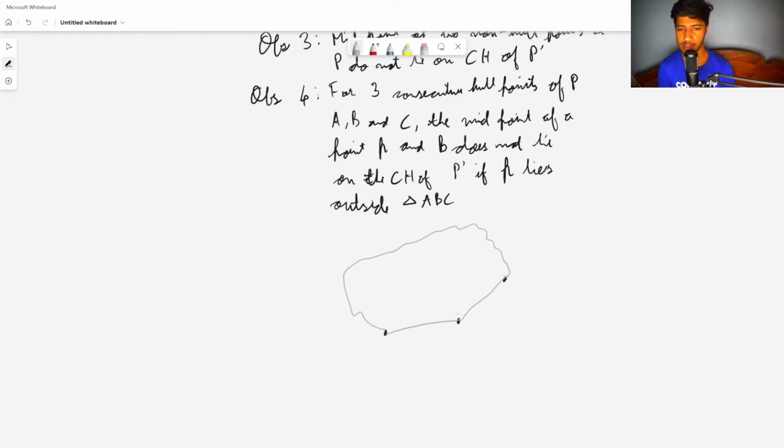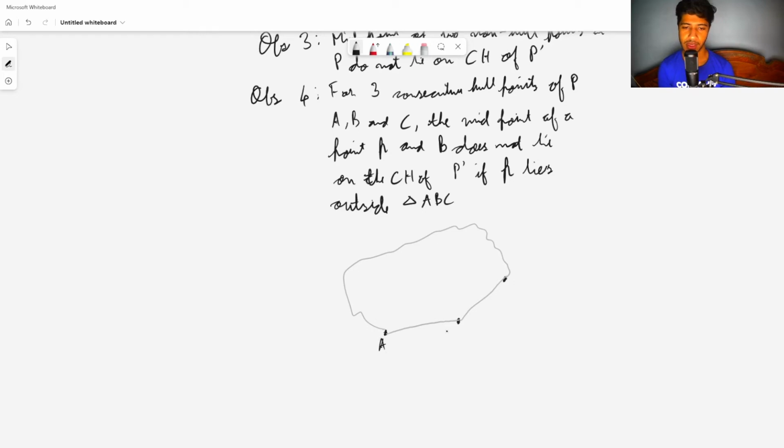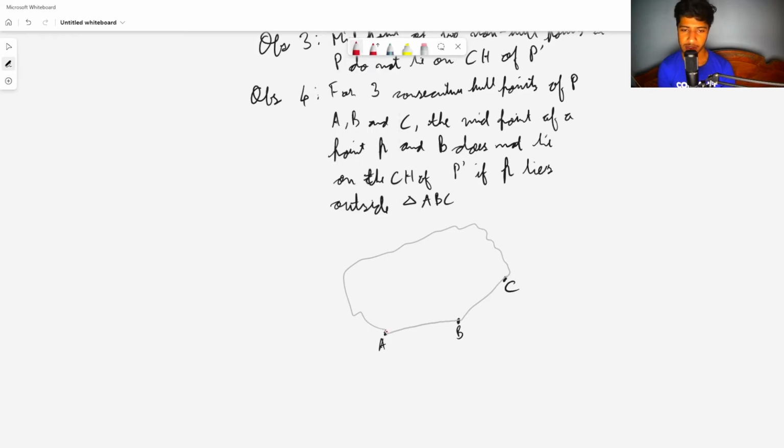We are just considering these 3 consecutive hull points, and we are naming them consecutively A, B, and C. Now, I'll just make the triangle.